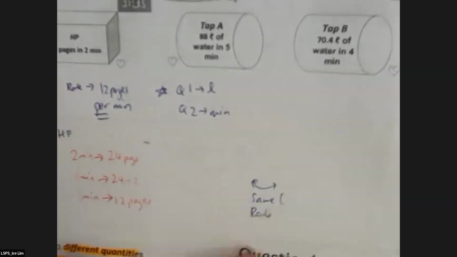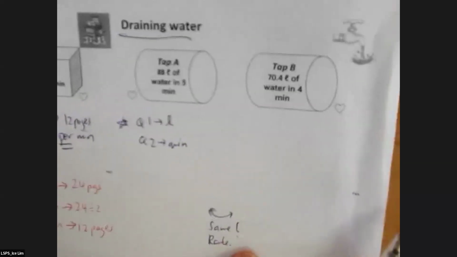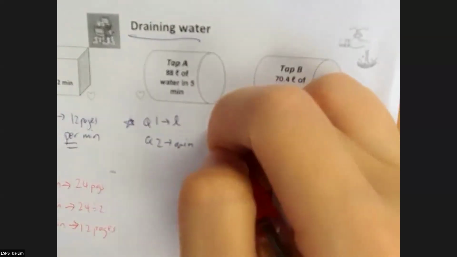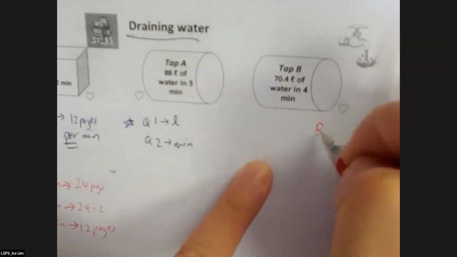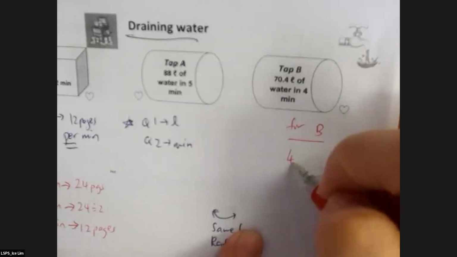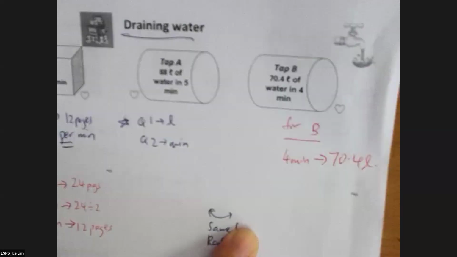Now, the tap. I'm just going to do one working for tap B. So yesterday we figured out that these two are equal rate, same rate. So when I write for B, 4 minutes is equivalent to 70.4 liters.